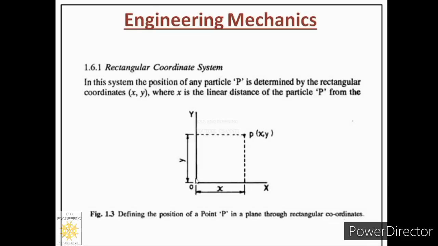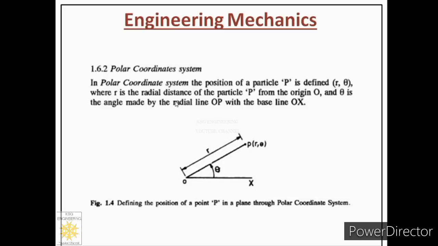Now with respect to that origin, we can define the position of the particle. We can say that it is x units from the y-axis and it is y units from the x-axis. So we can locate its coordinates as x, y. These two coordinates will help us to define the position of the particle with respect to this fixed origin.